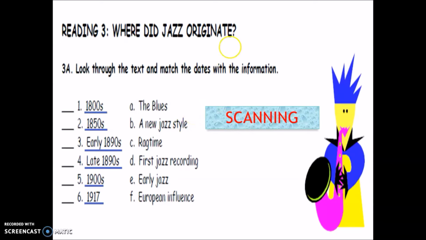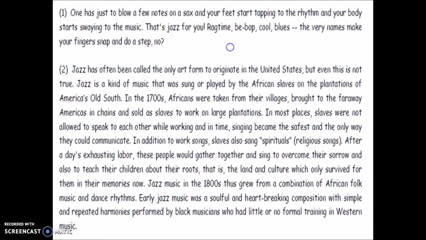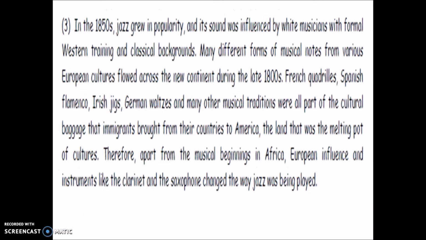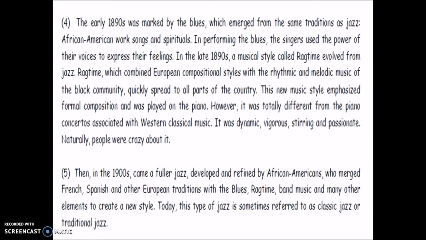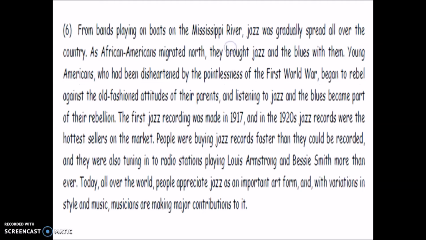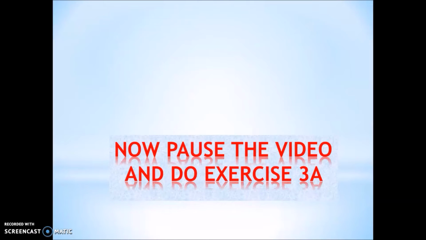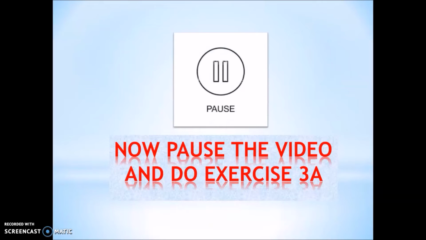Okay, here are the 6 paragraphs of reading text number 3. 1 and 2, 3, 4 and 5, and number 6. Okay, so now pause the video, guys, and do exercise 3A.